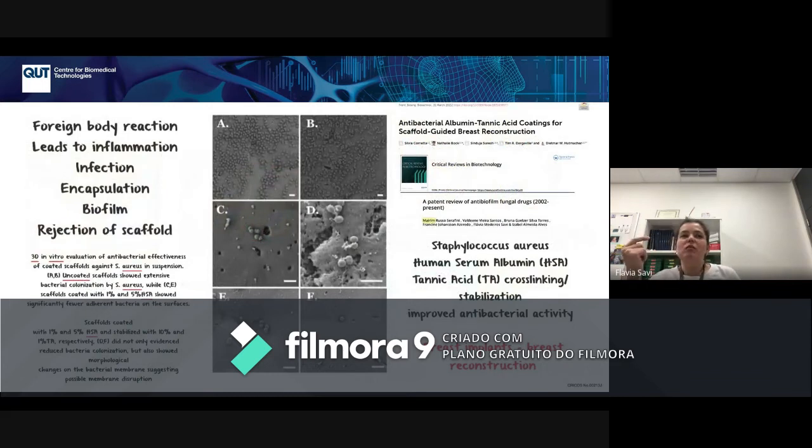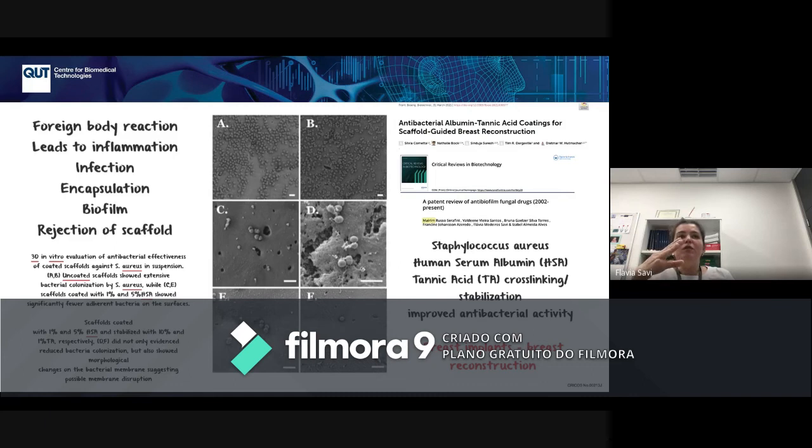As I said, one very important thing is the foreign body reaction that these scaffolds are going to cause in your body. This foreign body reaction can lead to an inflammation that can stay there forever and cause an infection, and then the scaffold is going to be encapsulated, and this capsule is going to form a biofilm around it.